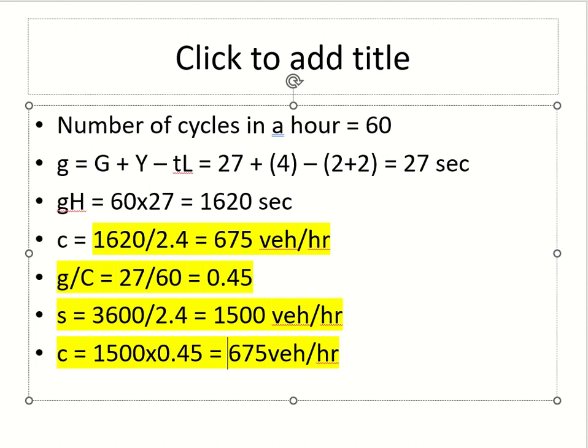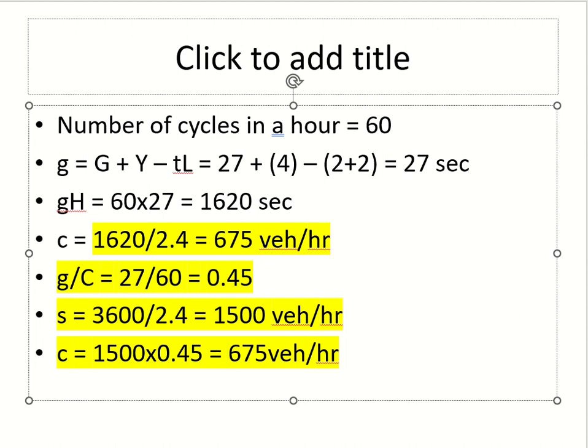Okay, so two approaches. In the first approach, I calculated the available effective green time of 1 hour. In that green time, I know the interval between vehicles is 2.4 seconds, so I can have a flow rate of 675.